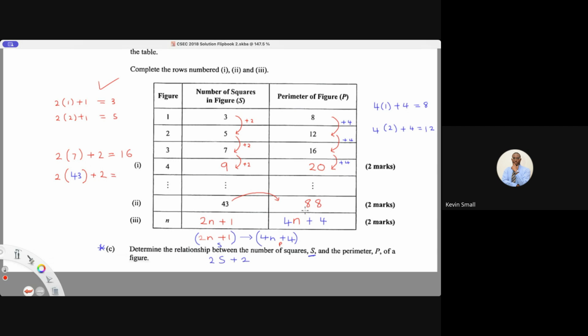All right. And the number over here, that is supposed to be in this column here, can be found by just using this formula here. So I can say that 2n plus 1 is supposed to be the 43.